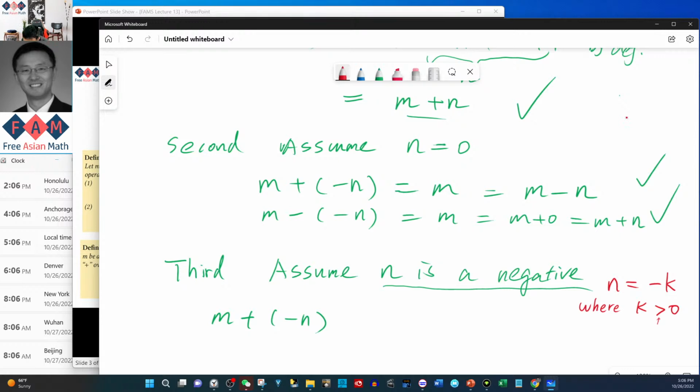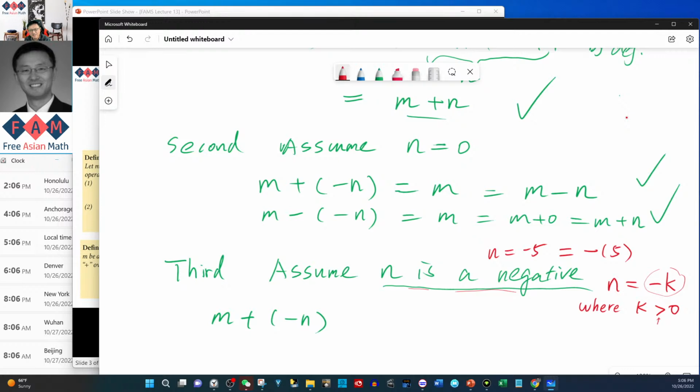Why can we do that? Because that's the definition of the negation operator, right? We know negation is just the negative sign when it applies to a positive integer. So because n is a negative integer, we can write n as negation of k. For example, if n equals to -5, we are simply saying that n equals to negation of 5.